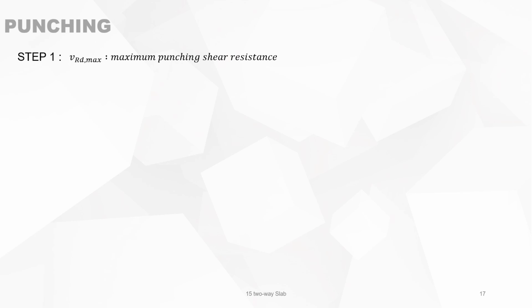We start at step 1, which is to determine the maximum punching shear resistance. The shear stress is given by a coefficient beta times the shear force or the reaction force of the column, divided by the circumference of the first critical perimeter times the effective depth d.